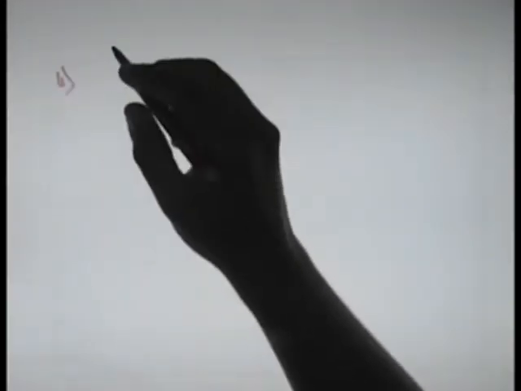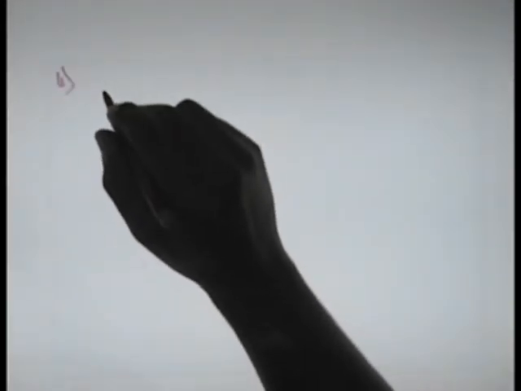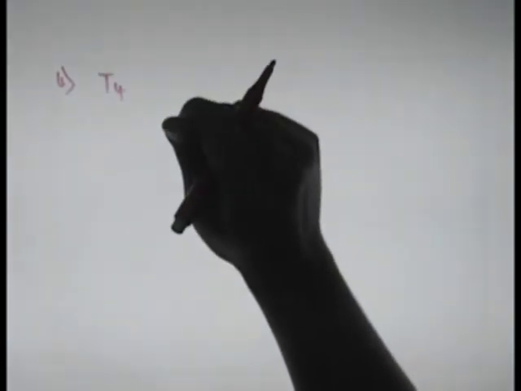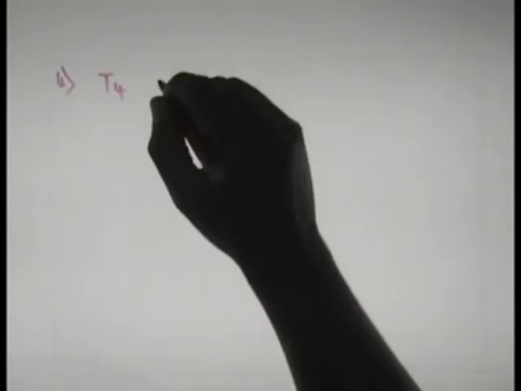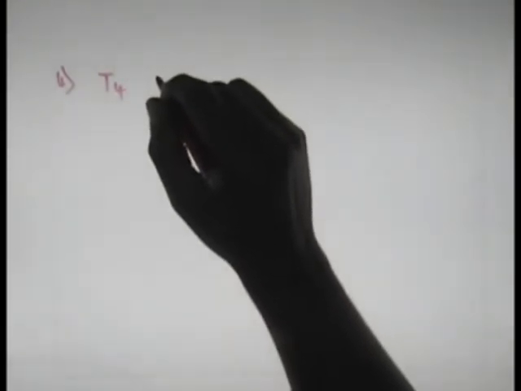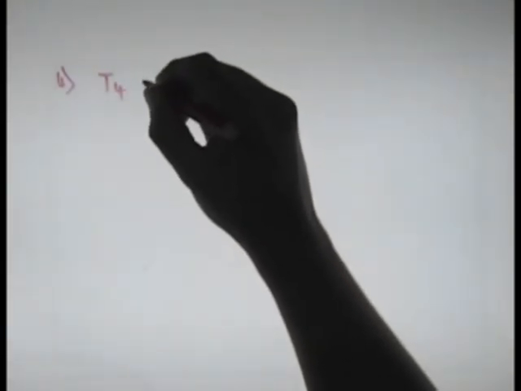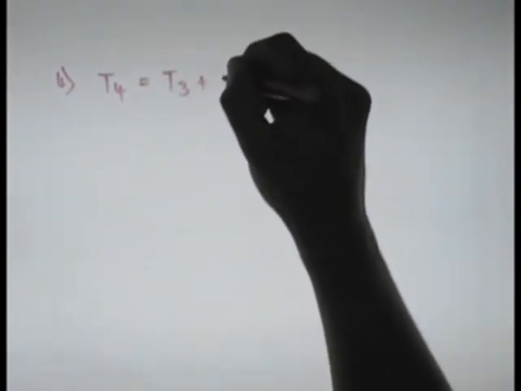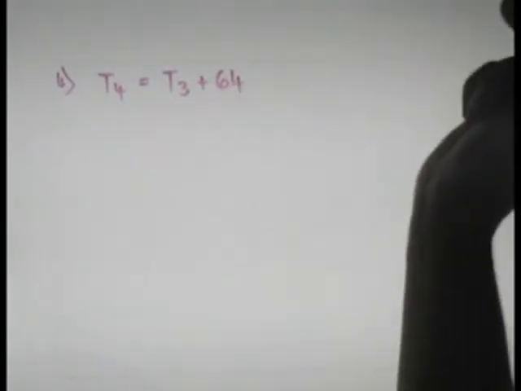The fourth term of a geometric progression, that means T4 of a geometric progression, is 64 greater than the third term. So T4 is equal to T3 plus 64.